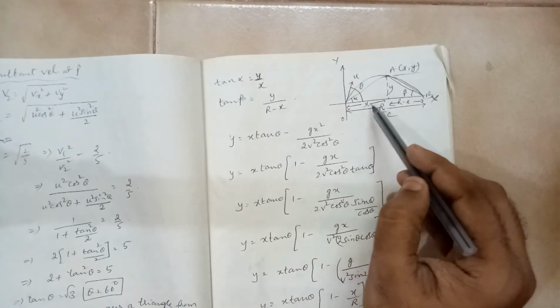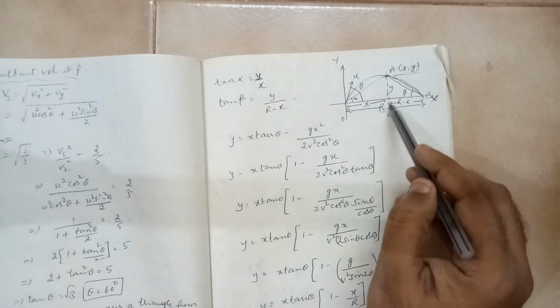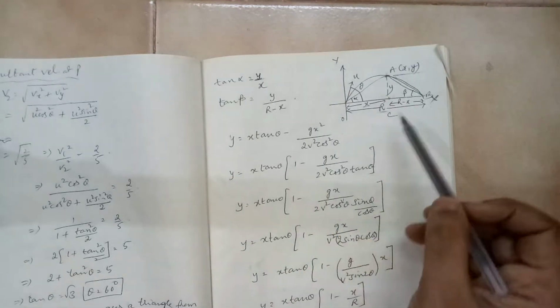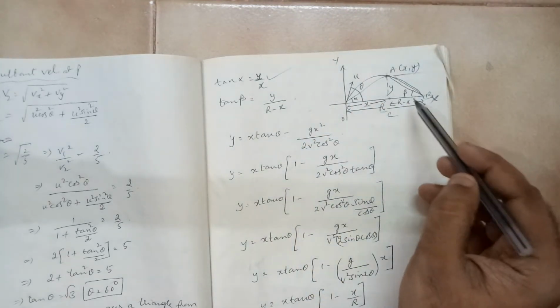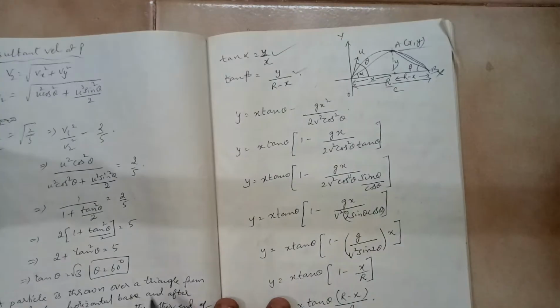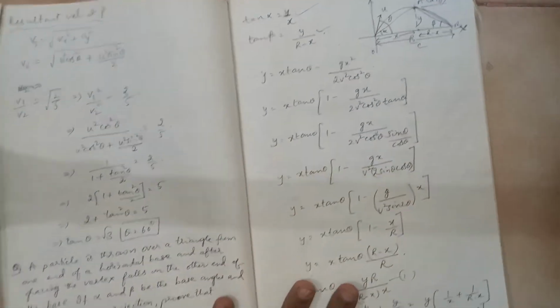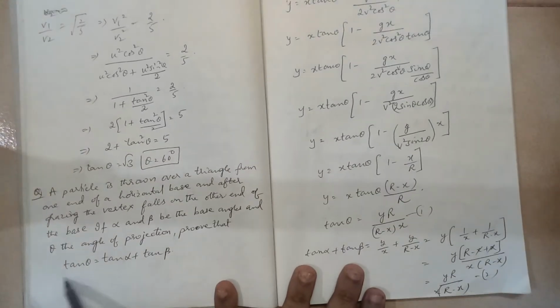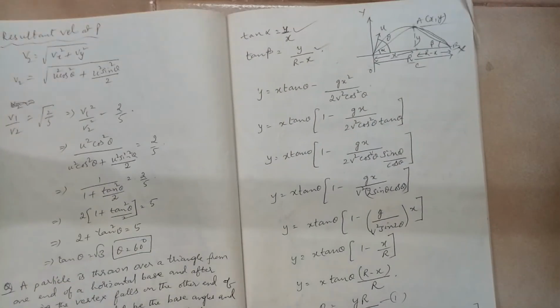That means this distance is x, this distance is y, the total is R, so this will be R minus x. Tan alpha will be y by x, and tan beta will be y divided by R minus x. So we need to add these two, then calculate the value of tan theta, and see whether they are equal.